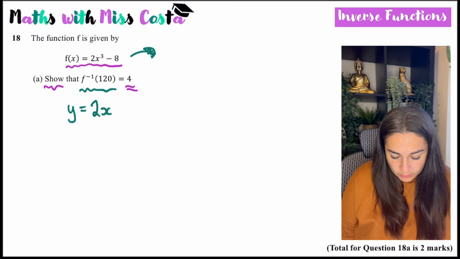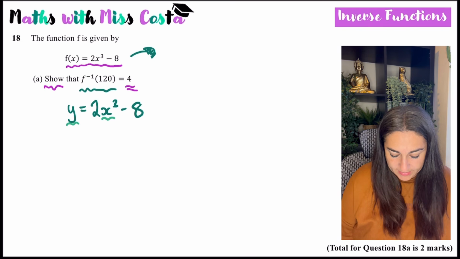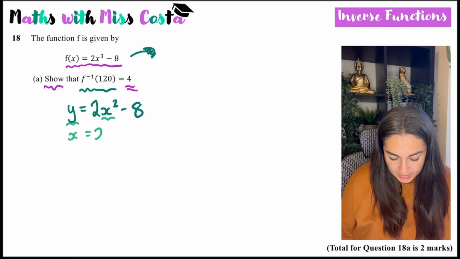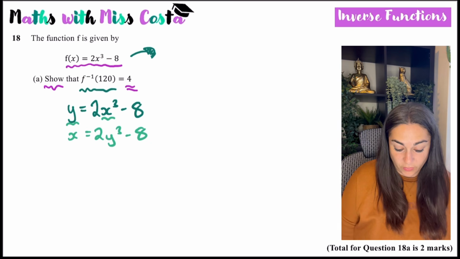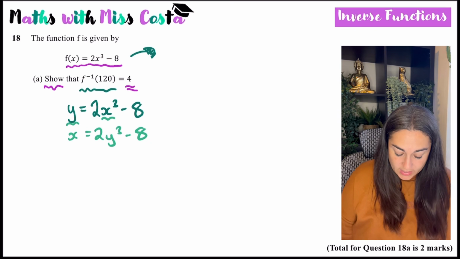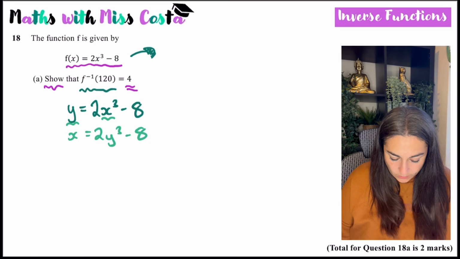So we're going to say y equals 2x cubed minus 8. And then what we do is we switch the x and the y variables around. So x is 2y cubed minus 8. And now what we do is we try and rearrange this equation to make y the subject again. So you've got x plus 8.